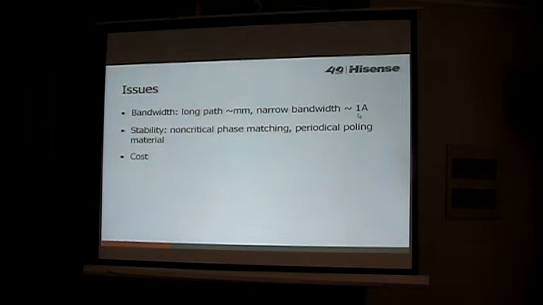For some applications, like measurement where you want very highly coherent light, this is actually good. But for laser applications, we have a speckle problem. To reduce the speckle, we want the bandwidth to be a little larger. So fundamentally, this is a problem for nonlinear optics.